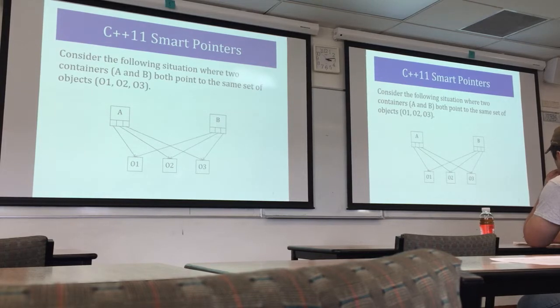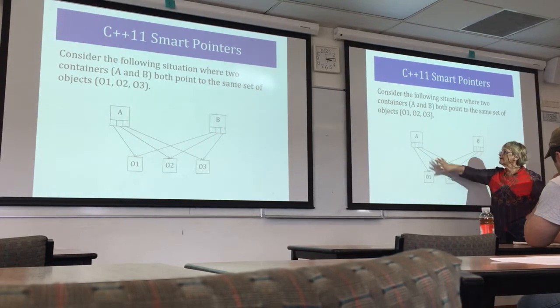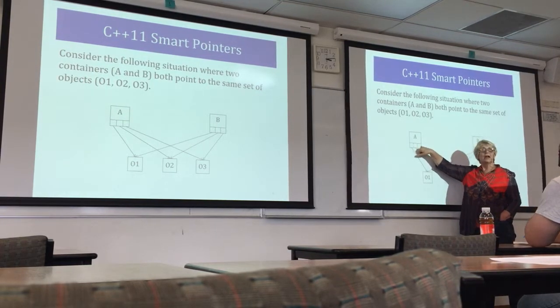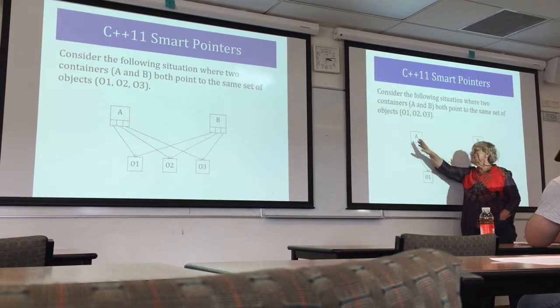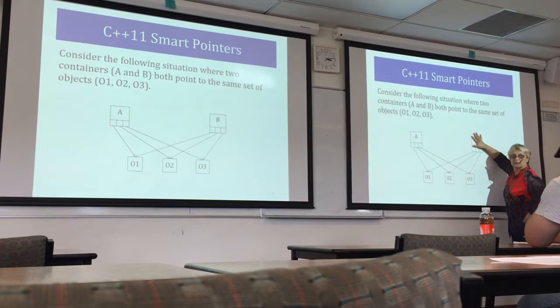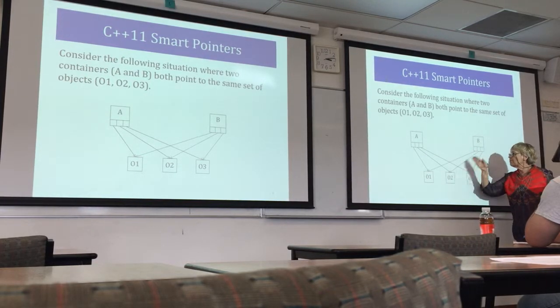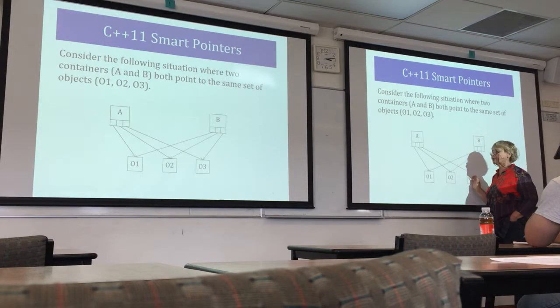So here is the simplest situation we can think of. We have a container which has only 3 data members, which are pointers, and another container which has only 3 elements, and they are pointers pointing to the same object.